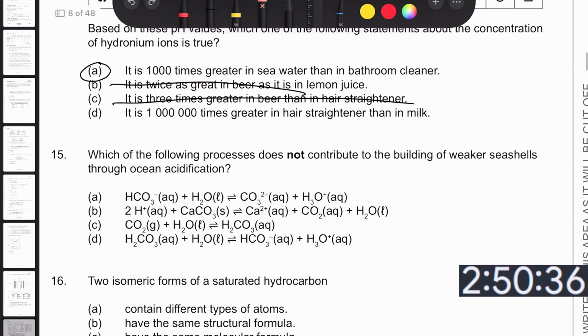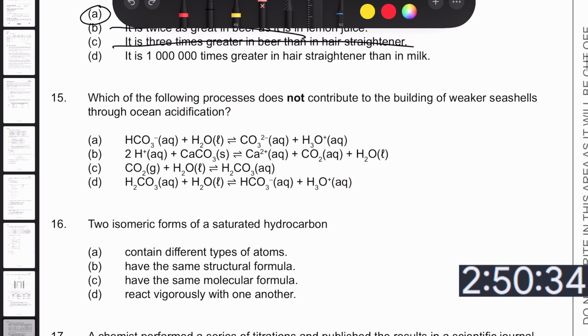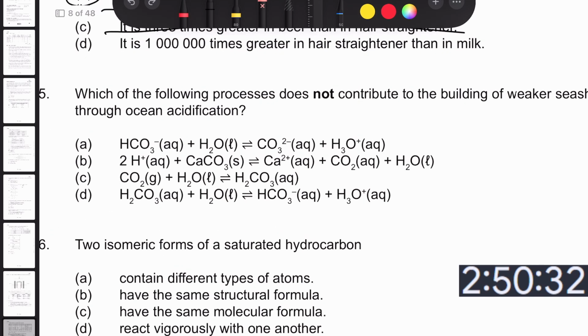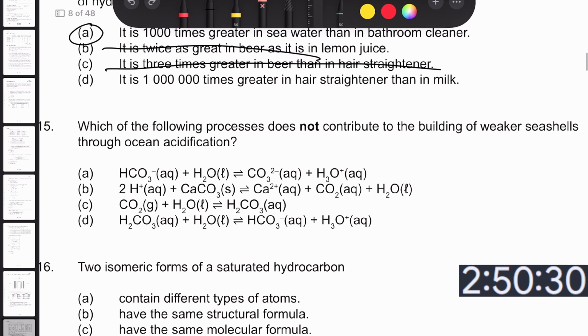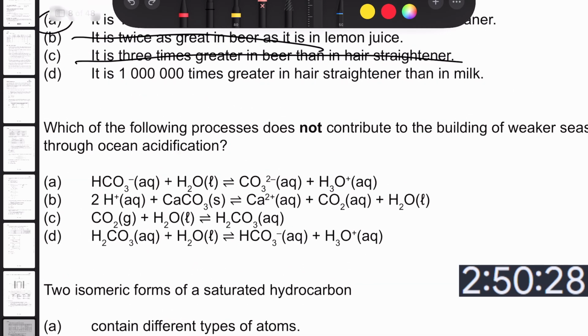Which of the following processes does not contribute to the building of weaker seashells through ocean acidification? Does not. Obviously this does. This does. This does.